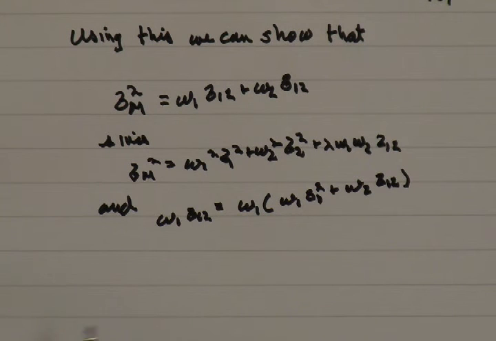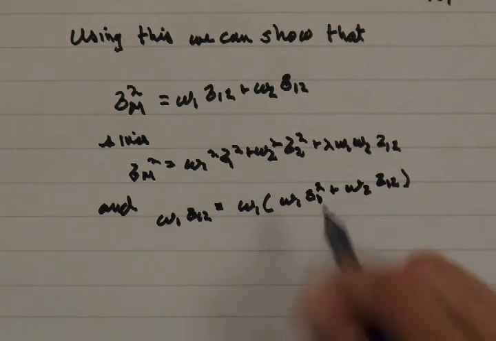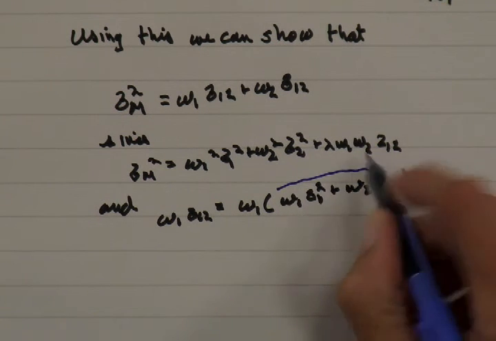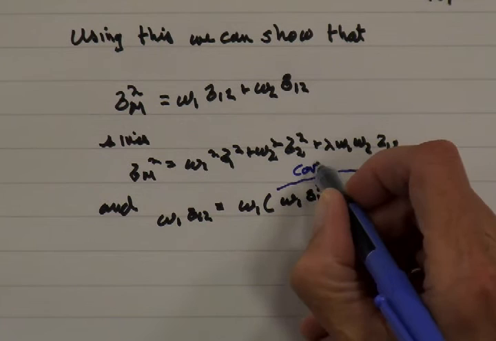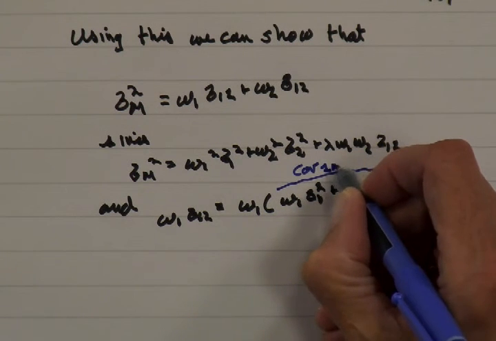And this is just the covariance of 1 with M. Okay.